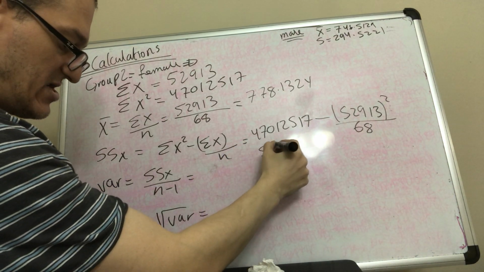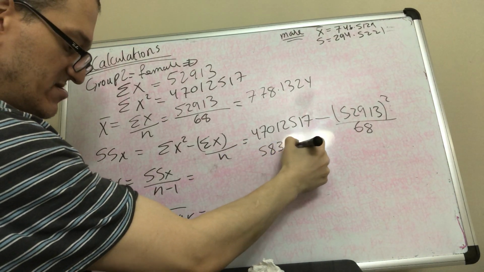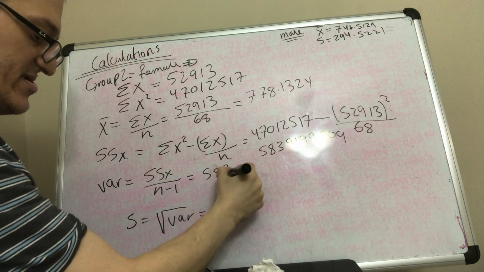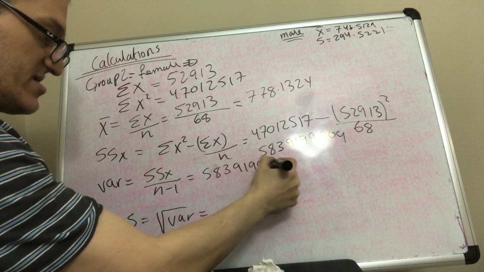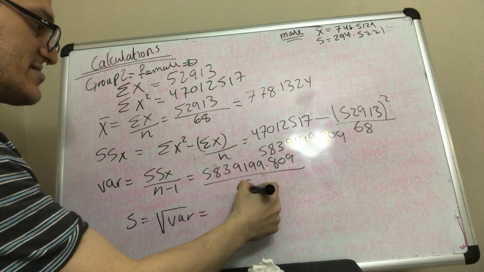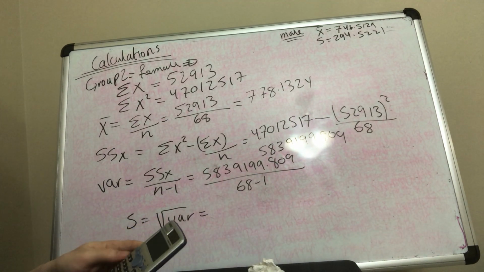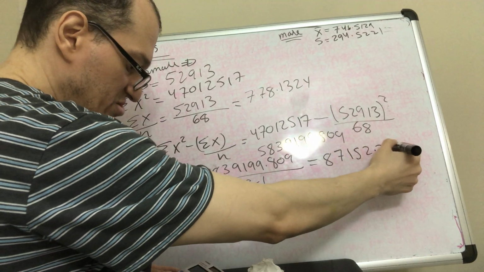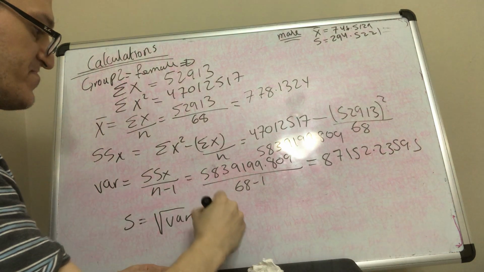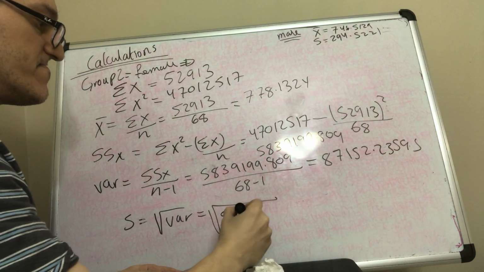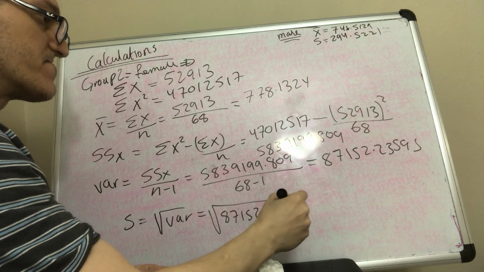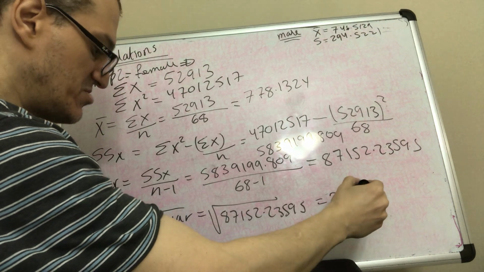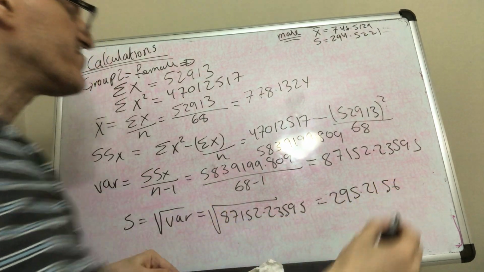This number is 5839199.809. So 5839199.809 over 68 minus 1 gives you 87152.23595, and then you square root it. So you square root this number, gives you standard deviation 295.2156.